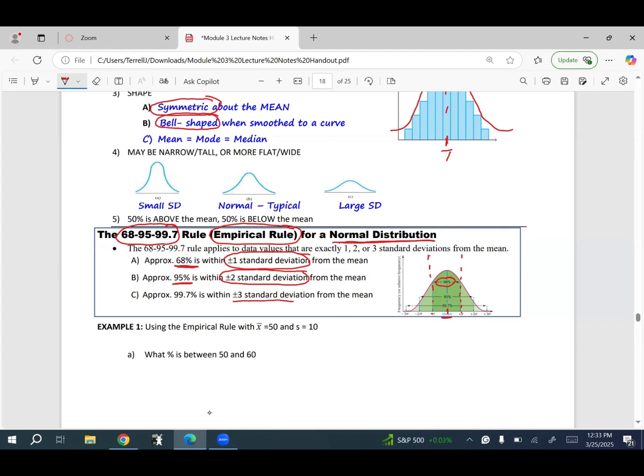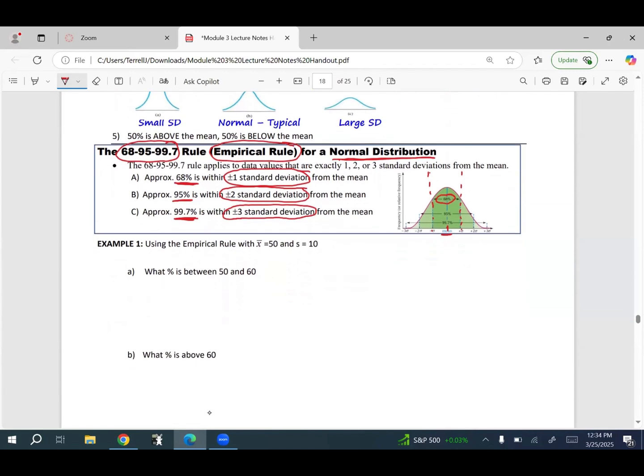If you go out further, plus or minus three standard deviations, we approximate that 99.7% of our data falls within that range. Again, this is called the empirical rule, or the 68, 95, 99.7 rule, and it applies only to normal distributions, bell-shaped curves. It tells us the percentage of data that falls within one, two, or three standard deviations from the mean.